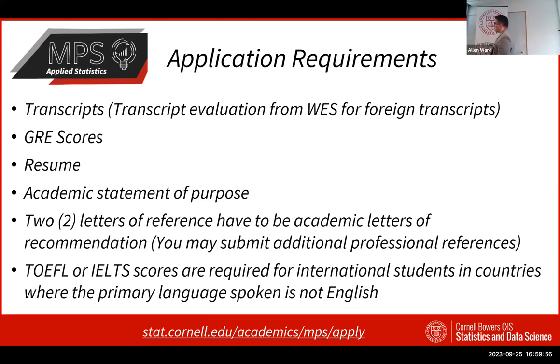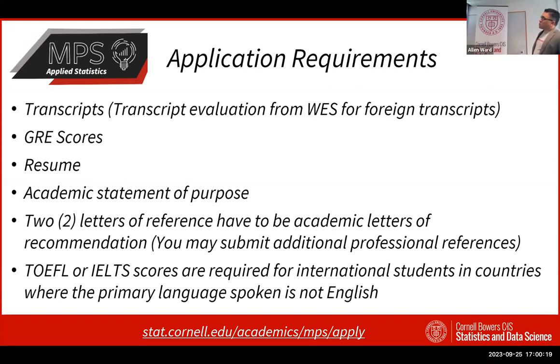One thing I like to stress is that our application asks for 2 academic references, which is 2 academic faculty members you've worked with. You can add more, you could add professional, but do at least the 2 academic references, just so that we don't have to go back and reach out for more.